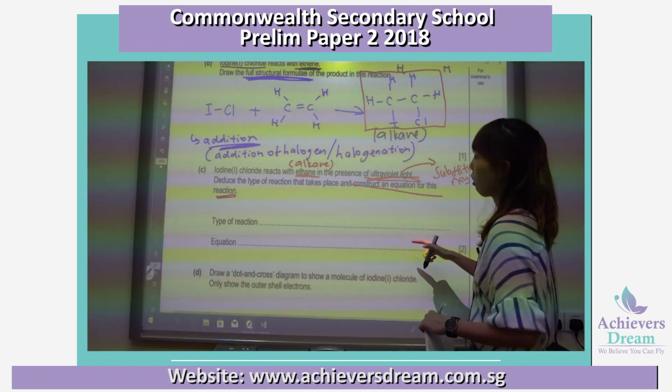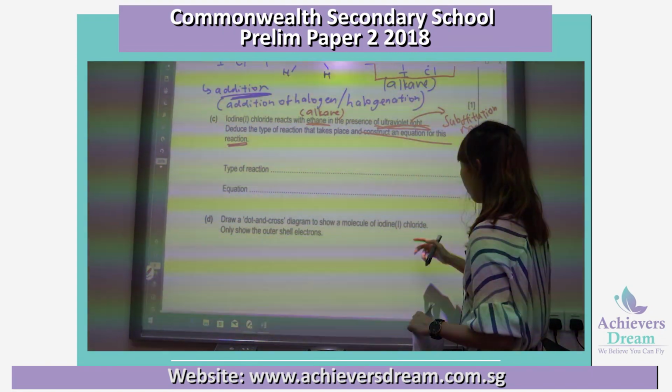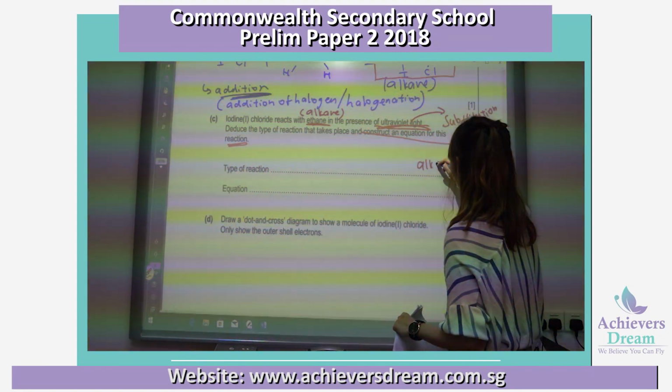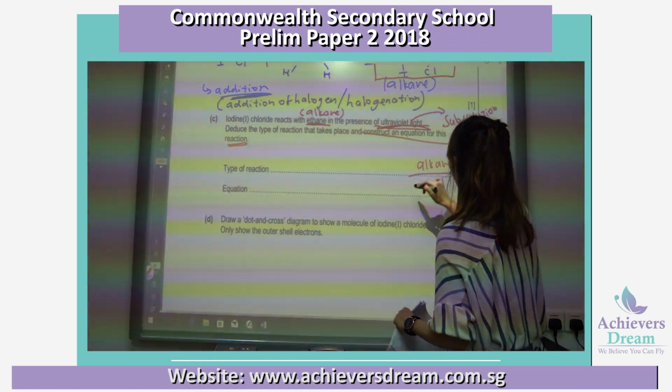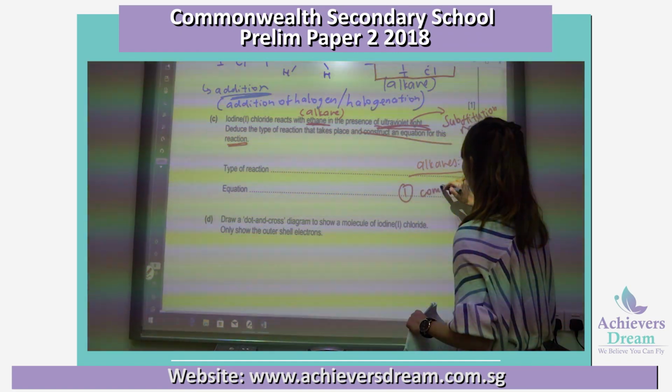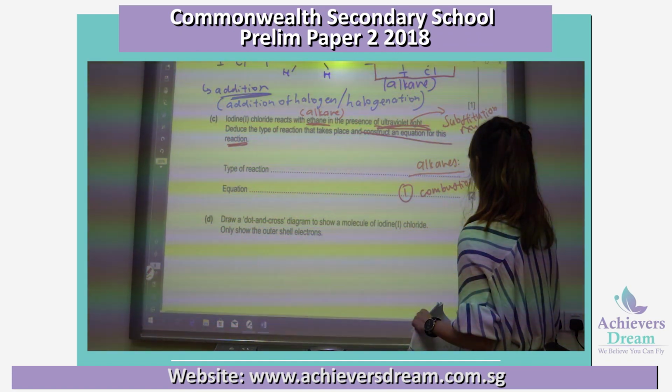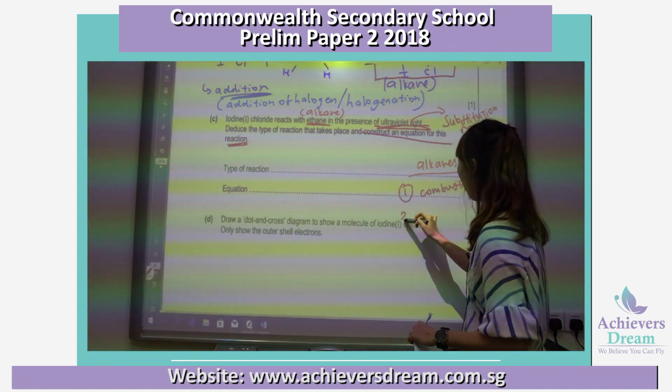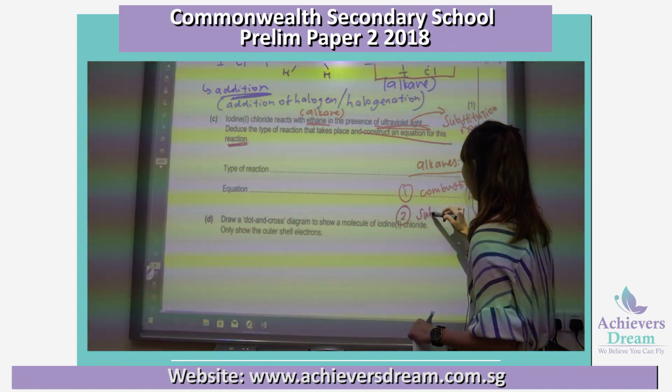Anyway, for alkanes, it can undergo two types of reactions. Either combustion, which is when you add in oxygen to produce CO2 and H2O, or substitution reaction.